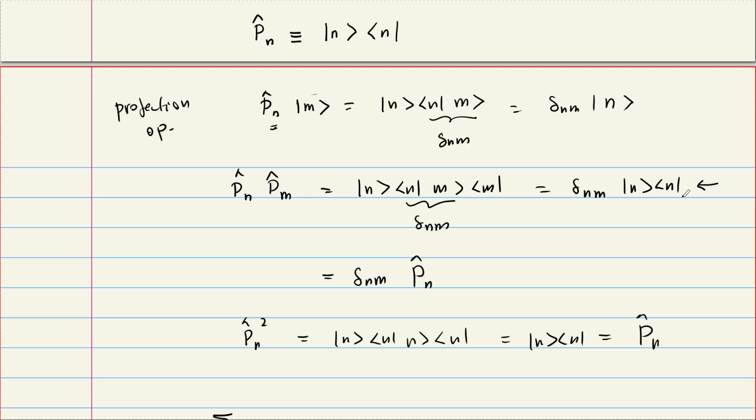So this is delta n m times m, but since n is equal to m, I just wrote n. Same thing, I'm rewriting the same thing. And this one also, take n equal to m here: P n squared is going to be P n.